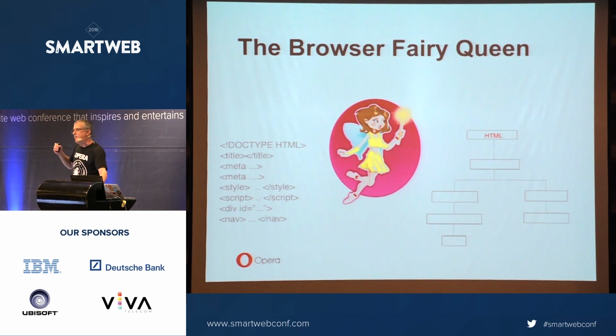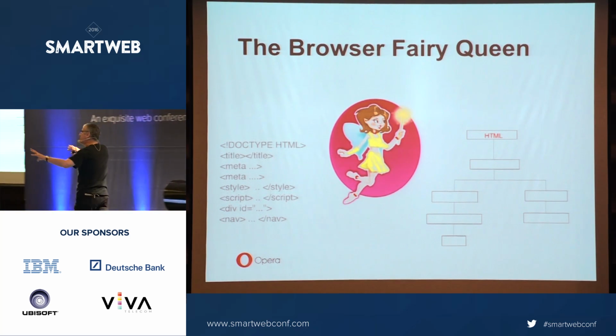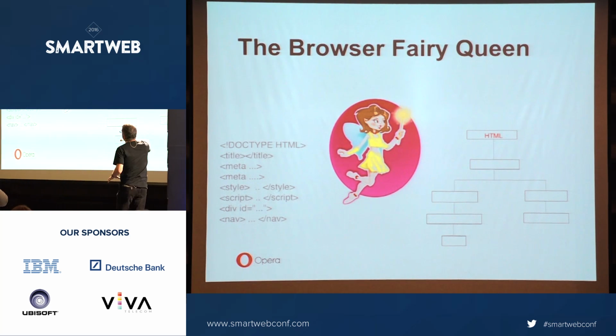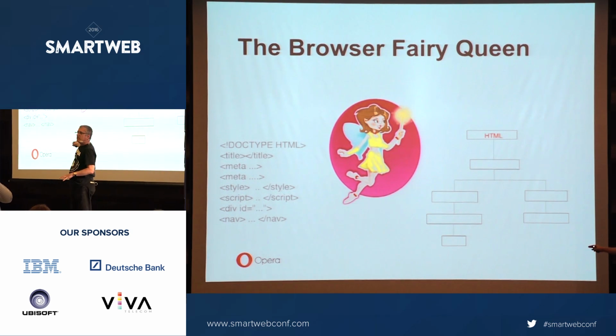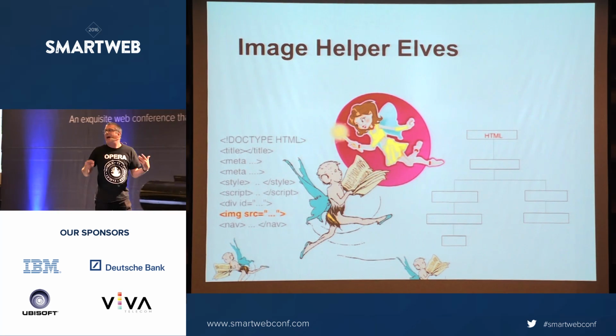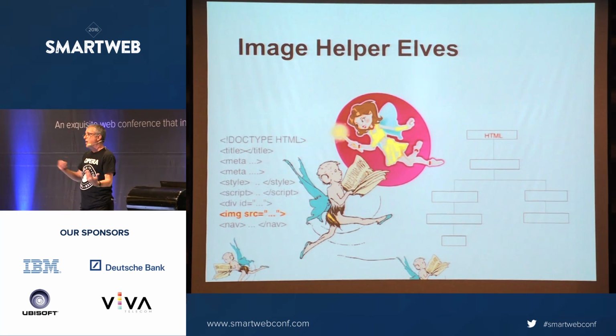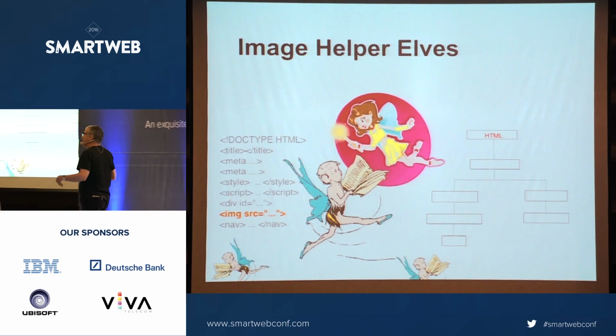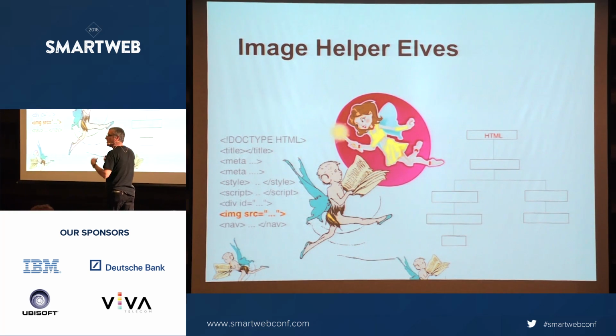So what the browser fairy queen does is before she even starts to make the DOM tree, she will read through your angle brackets. And immediately, if she sees an IMG, she will send one of her helper elves to the server to get that image, even before she starts making the DOM tree.